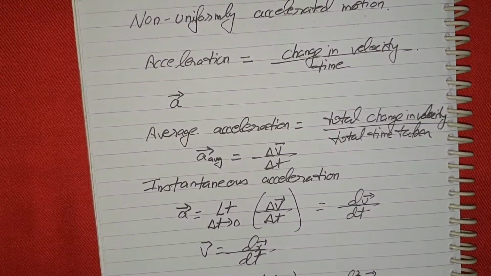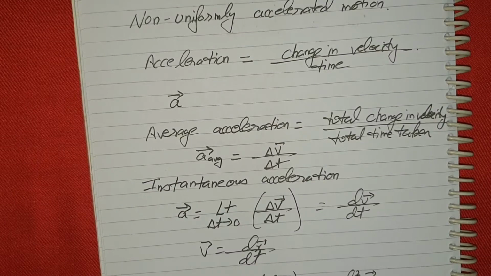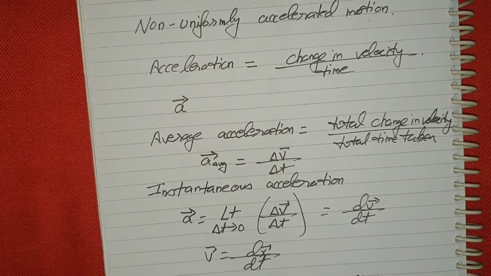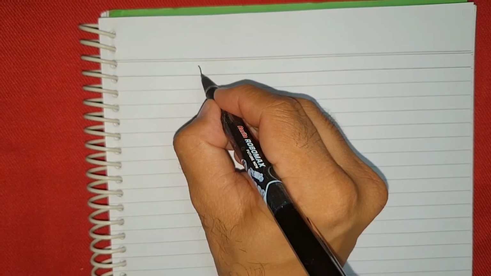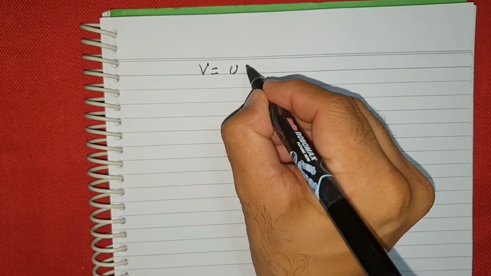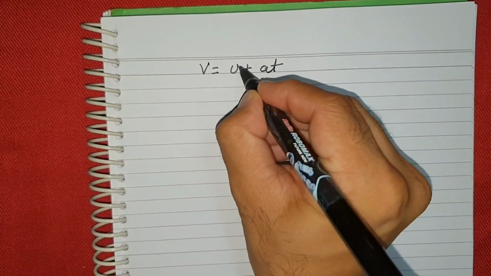Now, I will be showing you the formulas, which are known as the equations of motion. The first equation of motion is v equals u plus at.